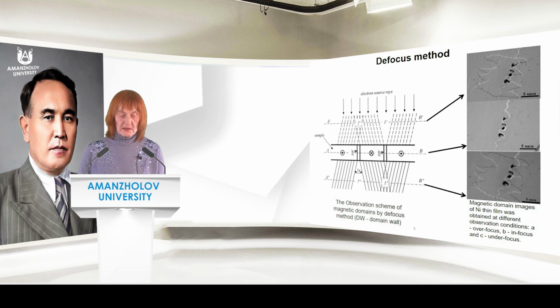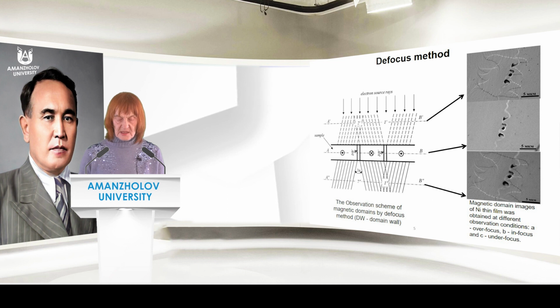The next picture shows magnetic domain images of a nickel thin film at under focus, A'B' plane. See picture on the left, in focus AB plane and under focus A2'B2' plane conditions.